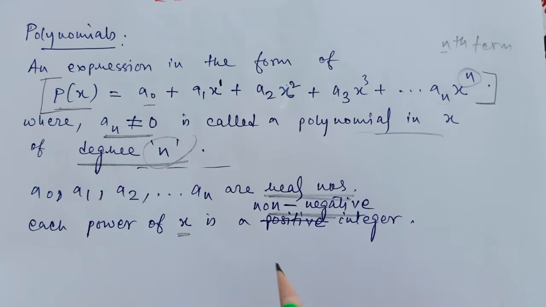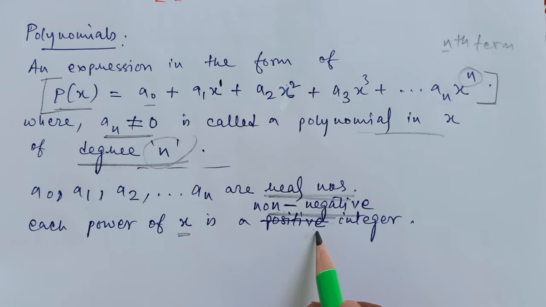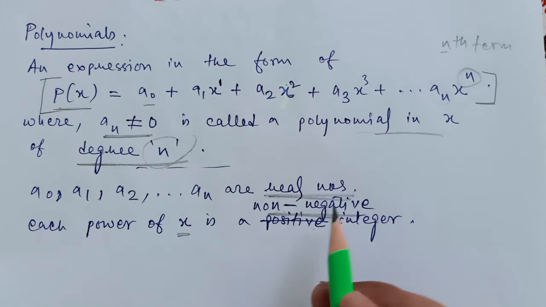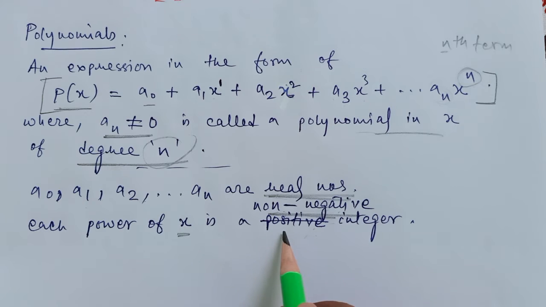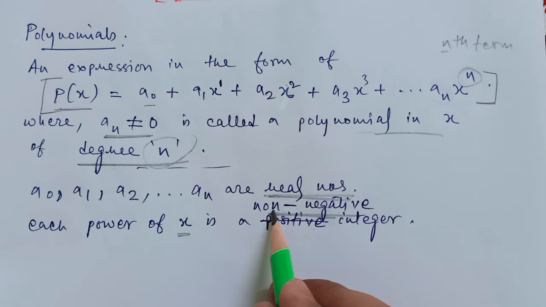Now a confusion may arise: why have I struck off positive and written non-negative, since both technically mean the same? It is because if I write positive, I am not including 0. To include 0 I am writing non-negative.